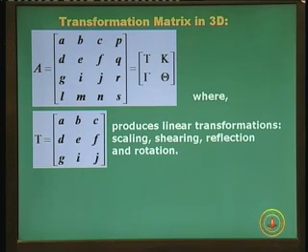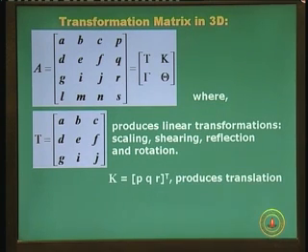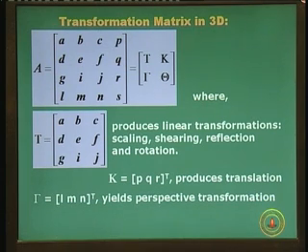What about the remaining 3 submatrices? We have K, we have tau and we also have the capital theta. The K, which is again a vertical or column matrix p, q, r, is responsible for the translation component in 3D. Capital tau or gamma, as you can call it, is now a row vector l, m, n.